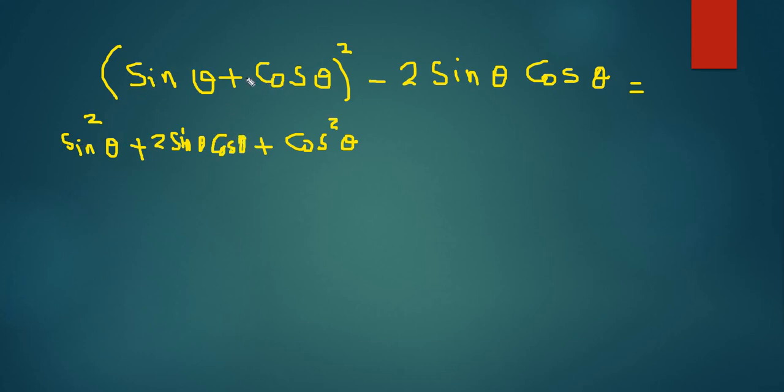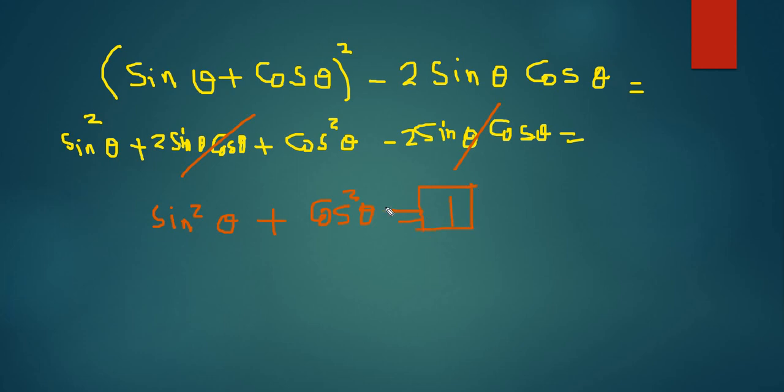Then minus 2 sine cosine. Cancelling negative 2 sine cosine with 2 sine cosine, the result is sine power 2 theta plus cosine power 2 theta equals 1. The result is 1.